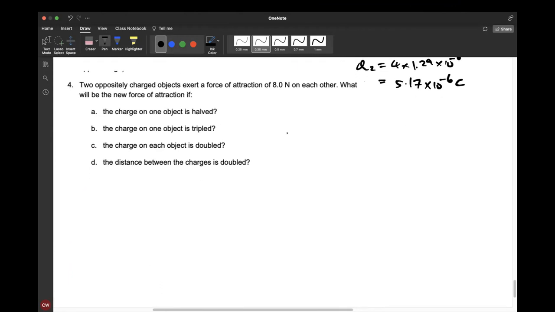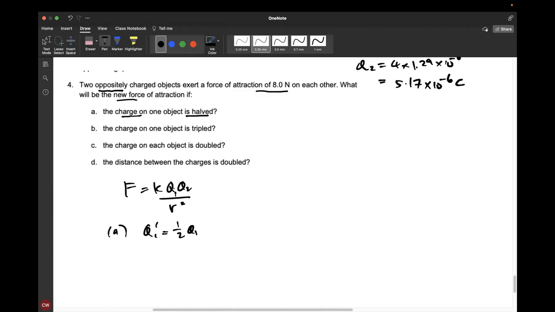The last one. Oppositely charged, the force. What will be the new force if one of the charges is half? So the force is K Q1 Q2 over R squared. If the charge of one of the objects is half, only for one, it means Q1 prime is half of original.